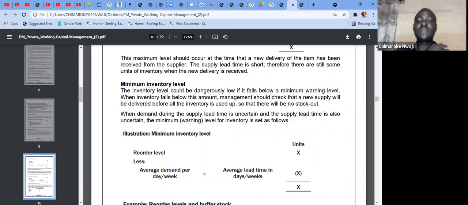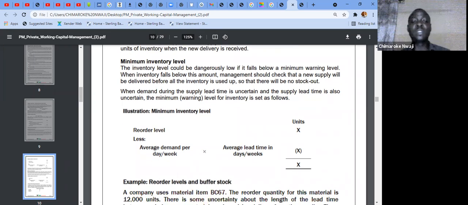How do you determine your minimum inventory level? You bring your reorder level, then you remove your average demand per week times average lead time. That will give you your minimum level.